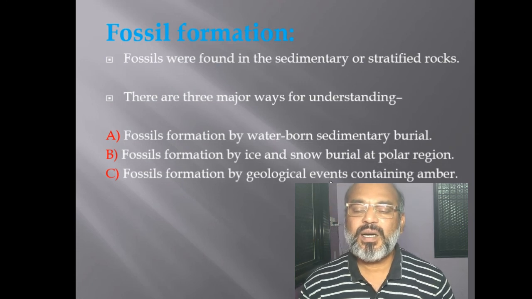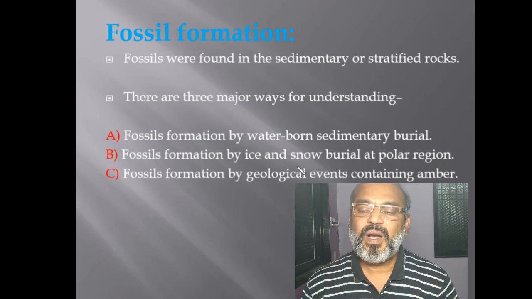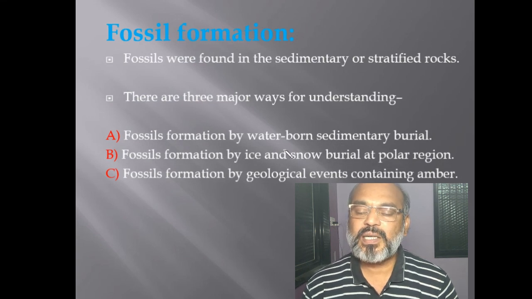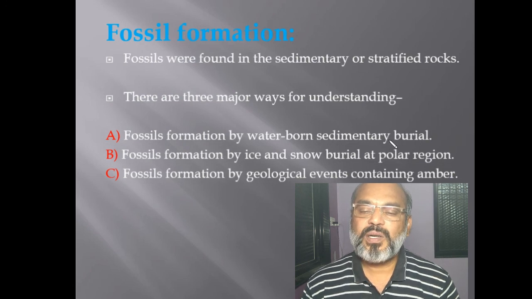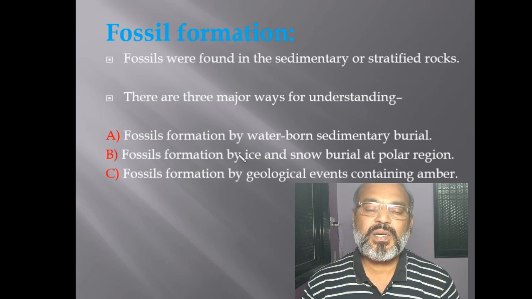Thus, the animals which are preserved in the amber, as well as the animals or fossils which are buried by the ice and snow at the polar region, as well as the waterborne sedimentary burial of the fossils, are the three major ways of the formation of the fossils.